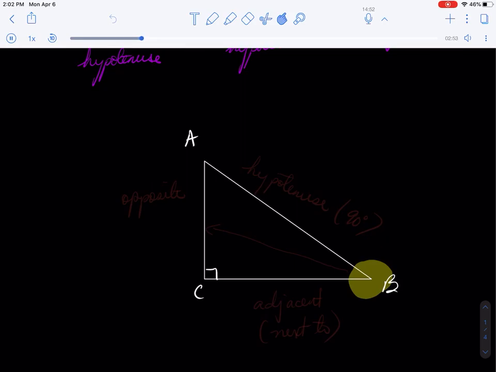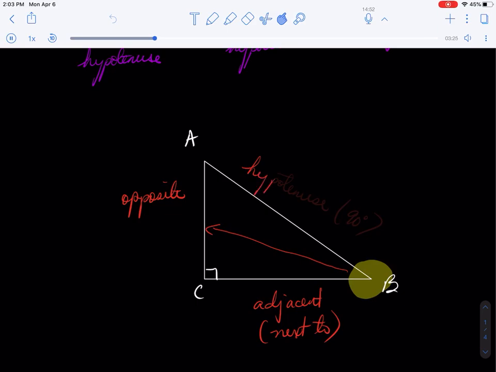If I'm talking about angle B, the adjacent side of angle B is right here. Let me change the color. Adjacent means it's next to. The opposite is the opposite side of that angle.